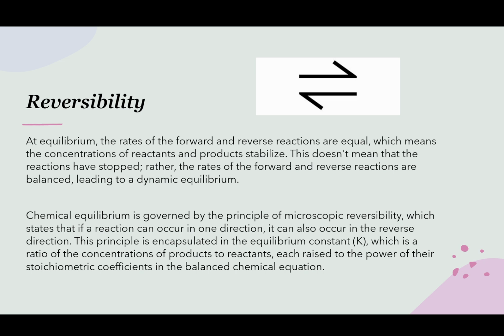So let's say that the concentration of reactant at the beginning of the reaction was 2. For the product, it would have been 0. So in the beginning, we have full concentration of reactants, and because this is the beginning of the reaction, we would have no concentration of products.